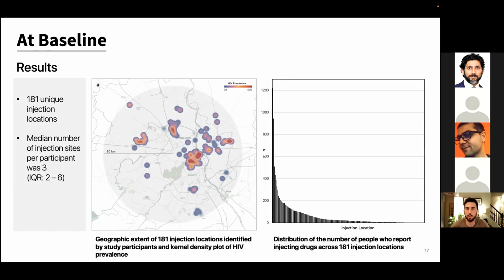This histogram on the right shows the number of people who report injecting at each location, with each bar representing a different venue. What you can notice here is that one location in particular had over 1,200 participants that reported injecting there. We labeled this venue number 40 in our analyses, and it's located here at the center of the kernel density plot where HIV prevalence is highest. You'll see this hotspot come up again when we get into some of our network analyses.